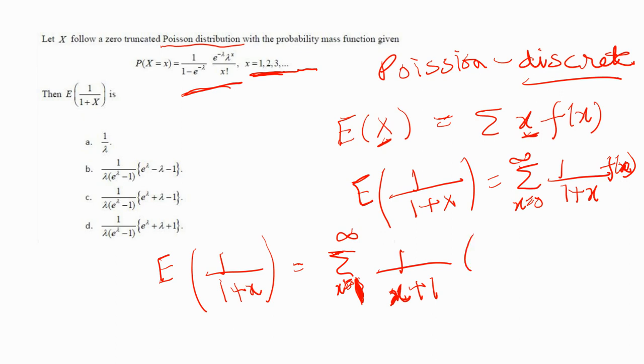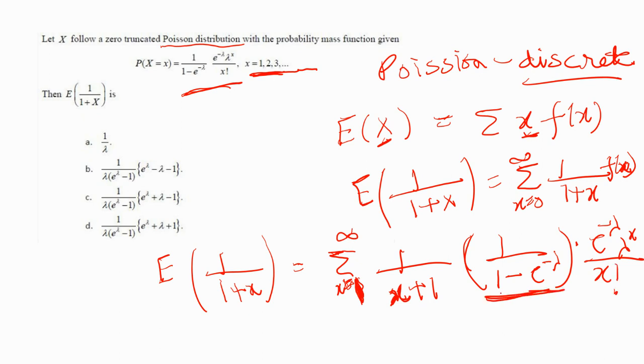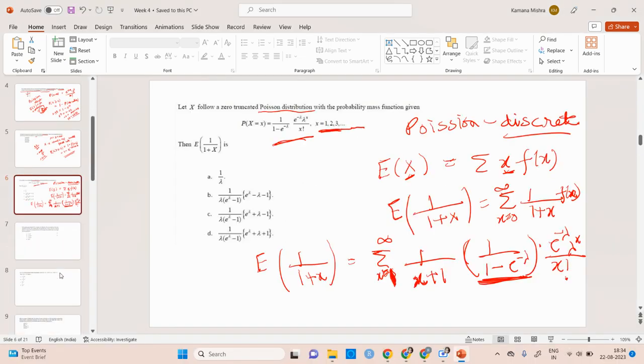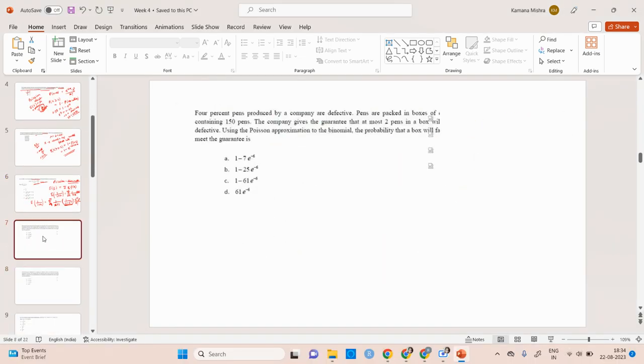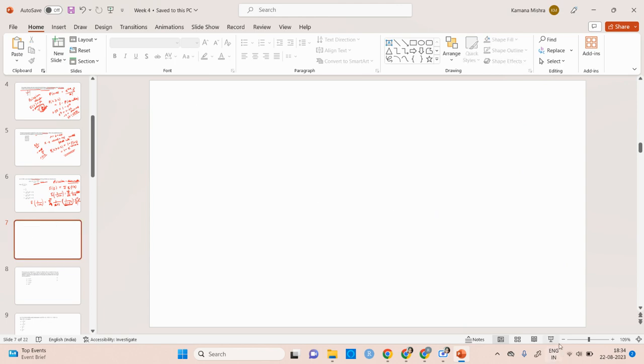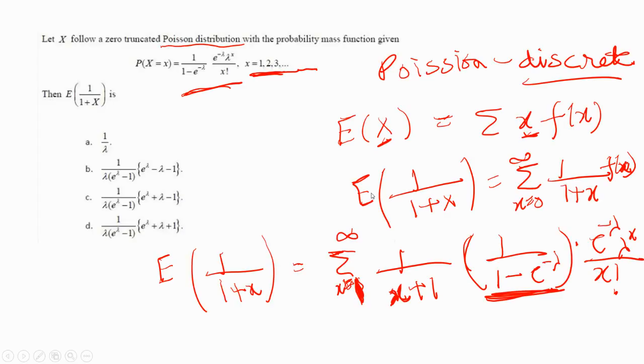The f(x) given here is 1 upon 1 minus e to the power minus lambda, times e to the power minus lambda, lambda to the power x, over x factorial. Now this is a constant term, there is no x in it, so we can take it out and start the summation from here.